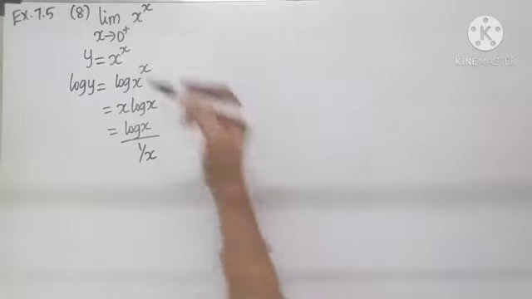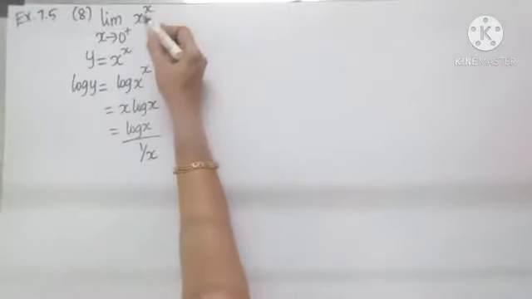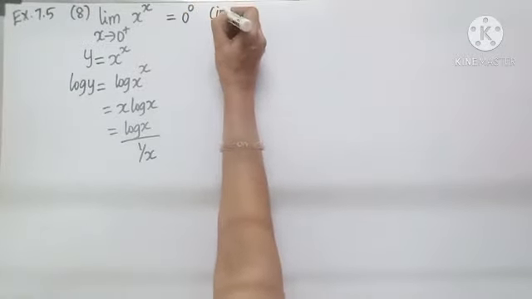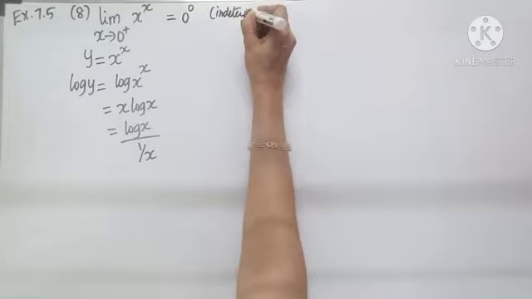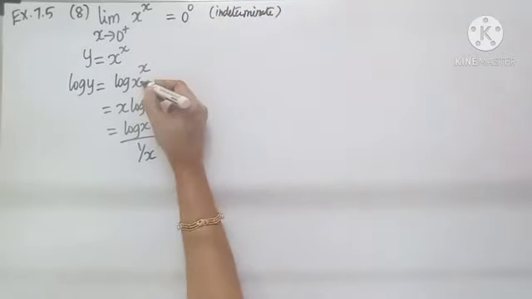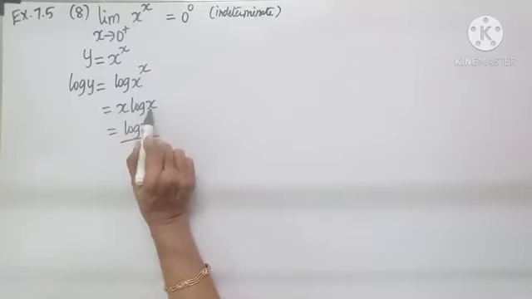The question is to find the limit. If I apply the limit directly here, it becomes 0 power 0, which is indeterminate. If I apply the limit here, again it is 0 into log 0.